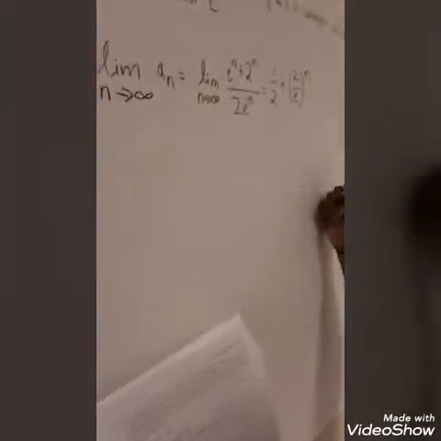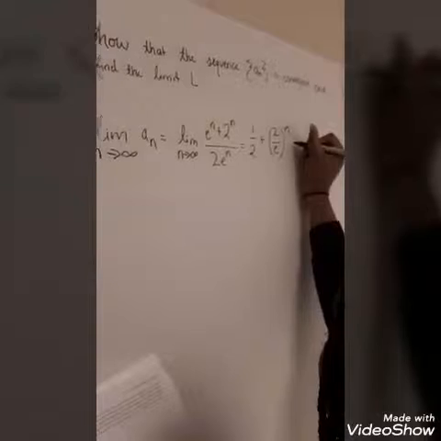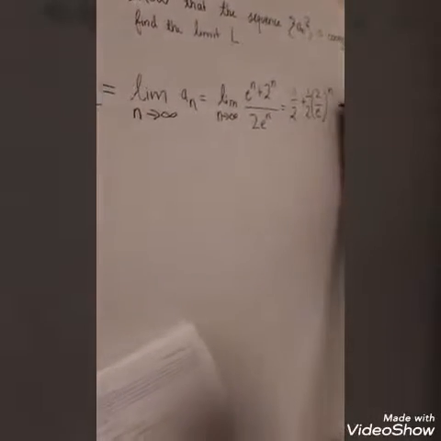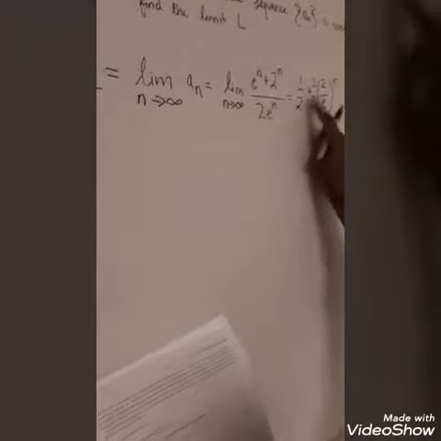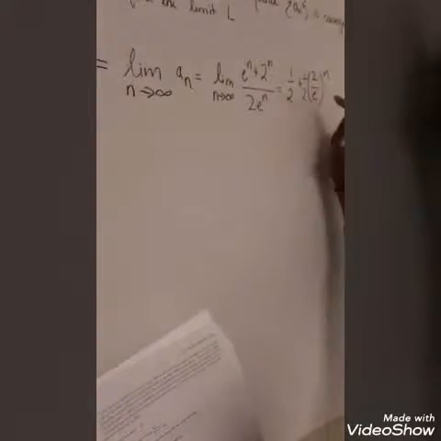And we can rewrite this as 1/2 plus 2 over e raised to the n. And before I forget, I need to multiply this by 1/2.